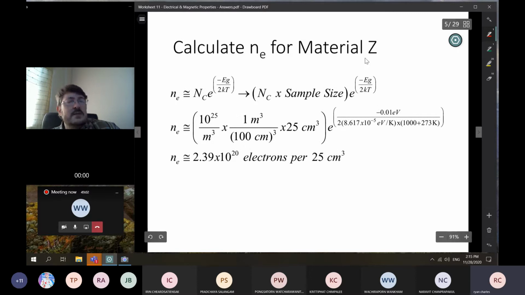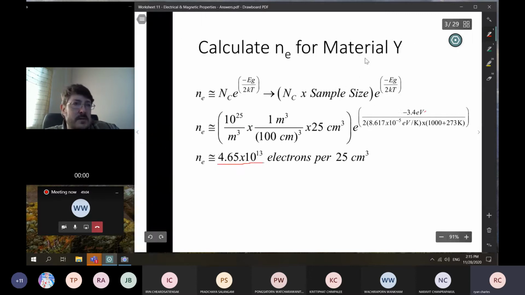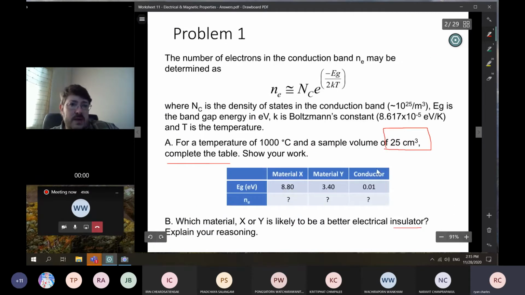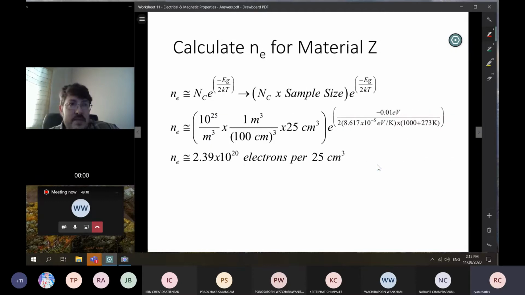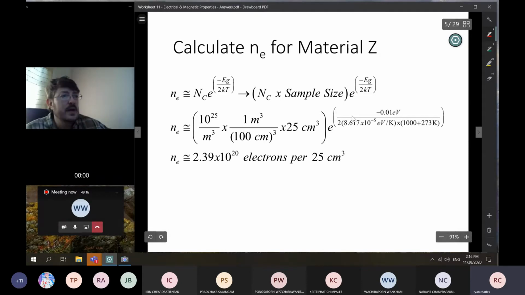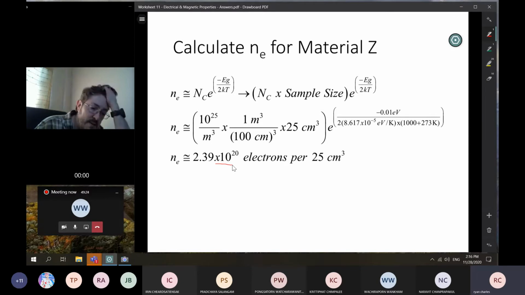And for material Z, all right, the conductor, right? The conductor is material Z. Same thing again, but now we have this almost 0 band gap. And we get this, 2.39 times 10 to the 20 electrons per 25 cubic centimeters, right?